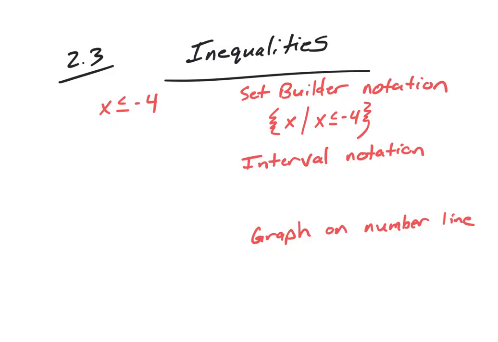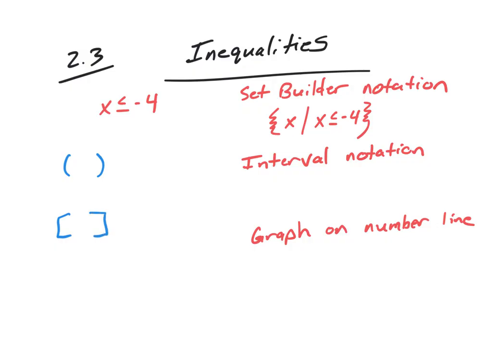So basically what happens here is we don't use closed circle, open circle anymore. Instead, we use 2 different symbols. For interval notation, we use either parentheses or we use brackets.